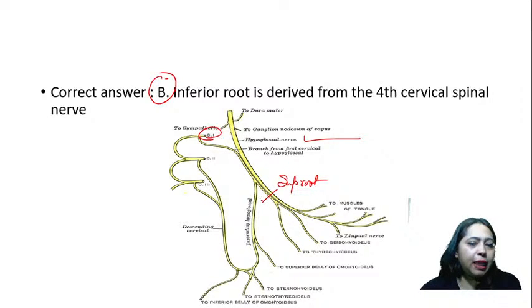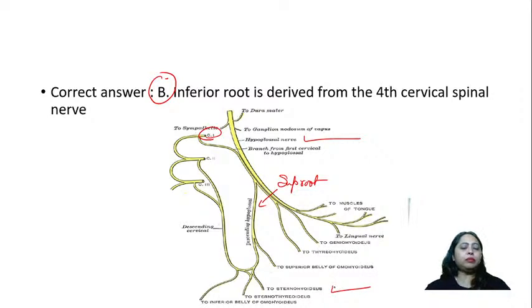Okay. Then you have this inferior root that is from C2 and C3 that they join together to form the descending root. And then you can see that the sternohyoid is also supplied by the loop that is formed. So that is also correct. So this is the answer.